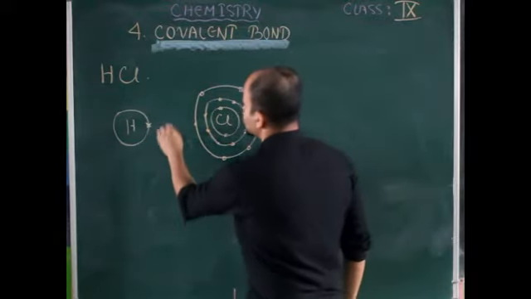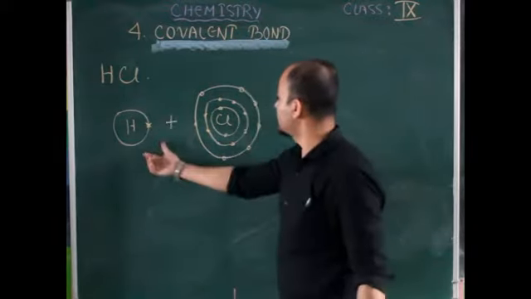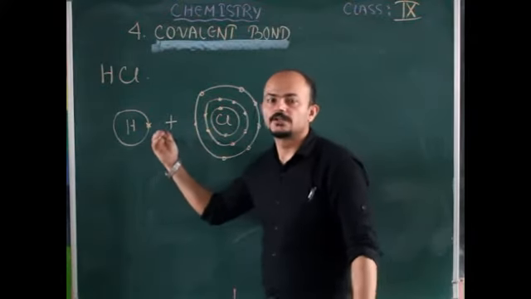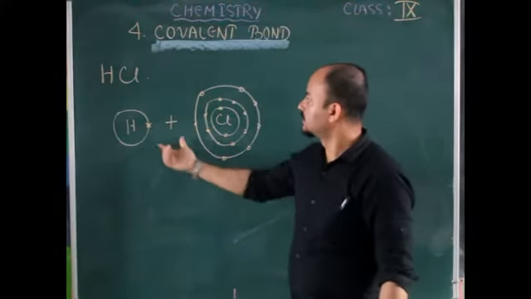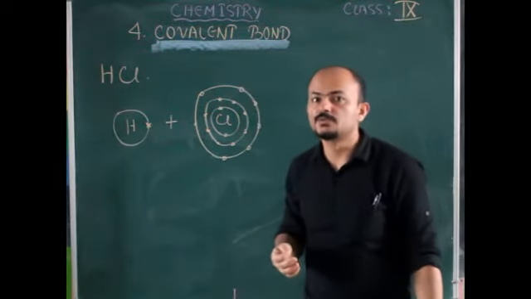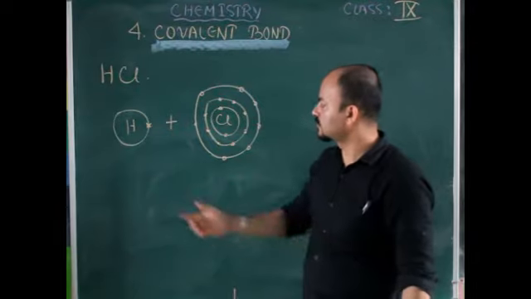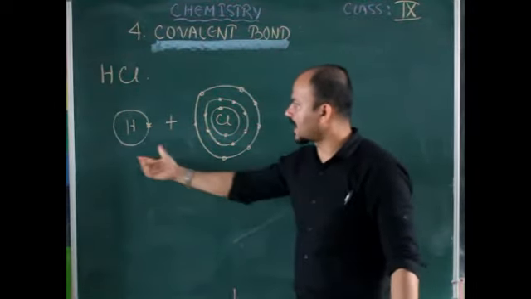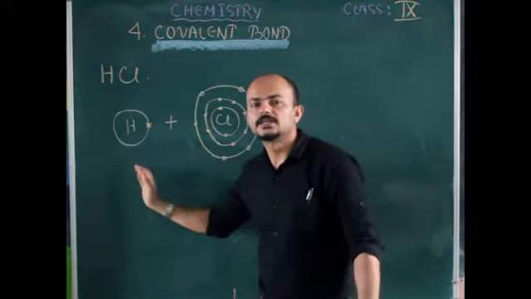Whenever hydrogen and chlorine come together to form a compound, they go for sharing of electrons, that is mutual sharing of electrons. So this is the structure of hydrogen and chlorine before the combination.